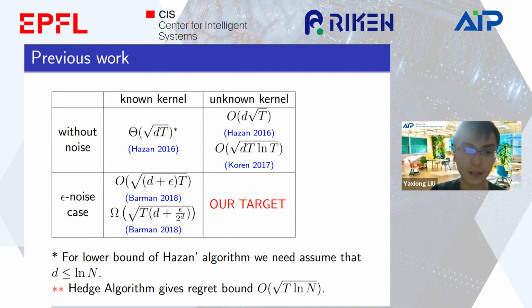For instance, the bound is tight at square root of d times T, and even when noised by epsilon, it has a square root of (d plus epsilon) T bound. If the kernel is unknown, then the upper bound is d times square root of T.